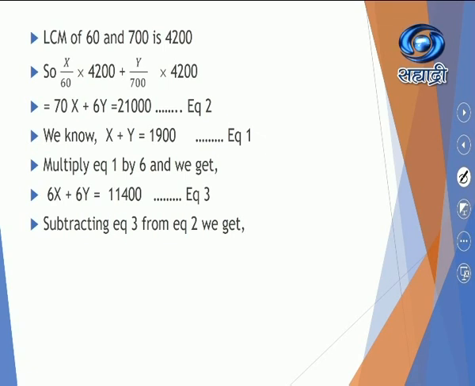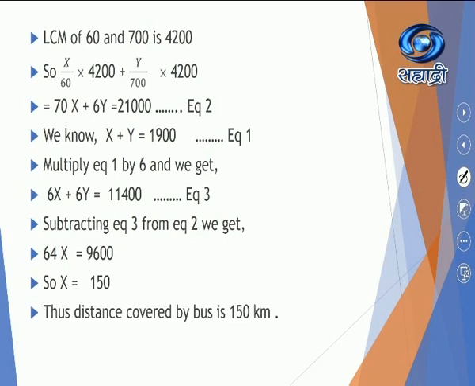Subtract equation 3 from equation 2. We get 64x is equal to 9,600. So x is equal to 150. Now here we are only asked the distance covered by the bus, which we had considered as x. Therefore, the distance covered by bus is 150 kilometers.